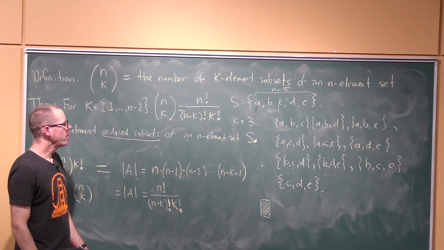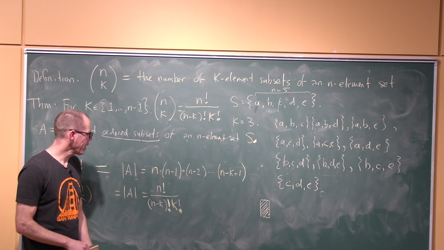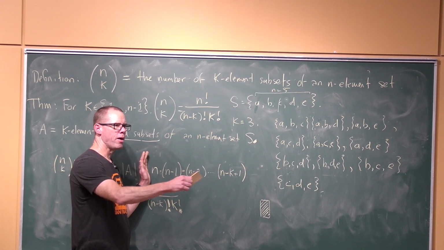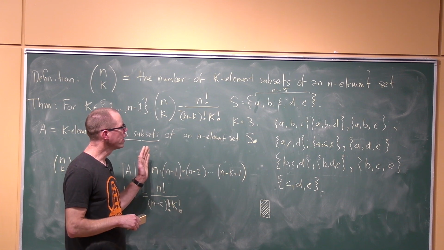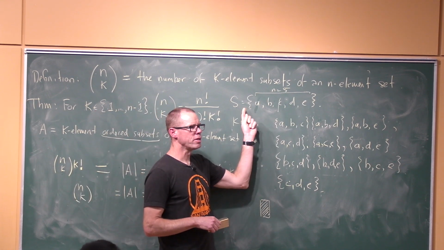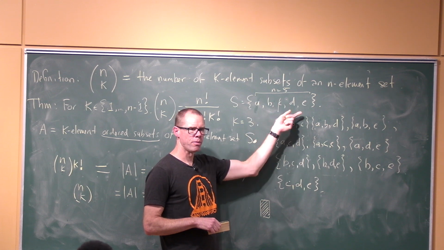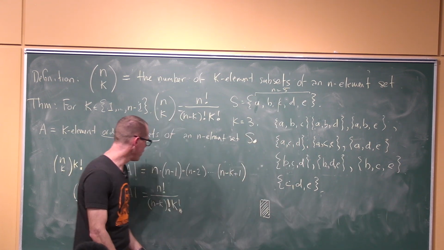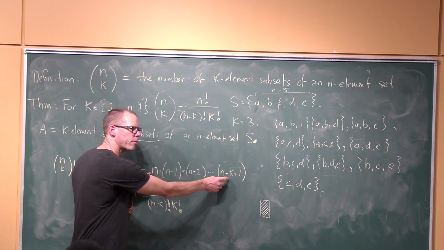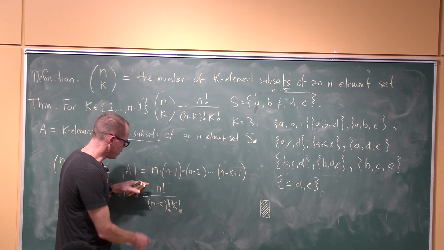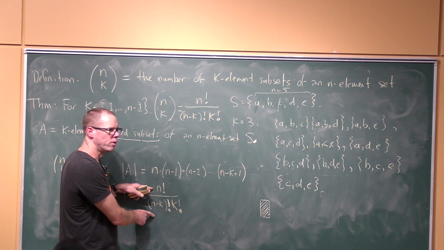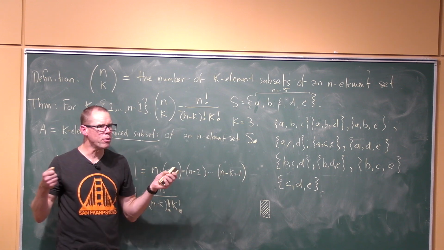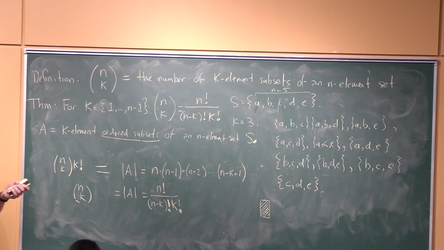Suppose that I wrote down every possible size 3 sequence I could make that has distinct characters from this set of size 5. I get this really long list, and this is the size of it here, which is equal to this thing. That's just normal stuff. Now, I say, well, I don't actually care about the sequences. What I care about are the subsets.